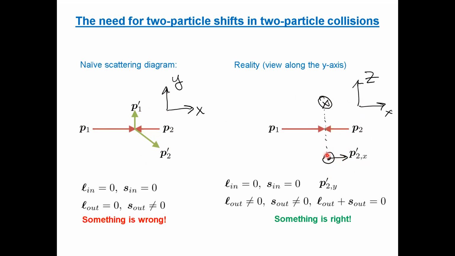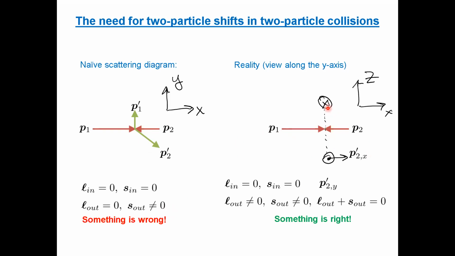So the resolution of this is that they get shifted after the collision, and you see that for this angular momentum non-conservation because of spin, the shift is such that there is a change in the orbital angular momentum that compensates exactly the non-conservation of spin angular momentum.